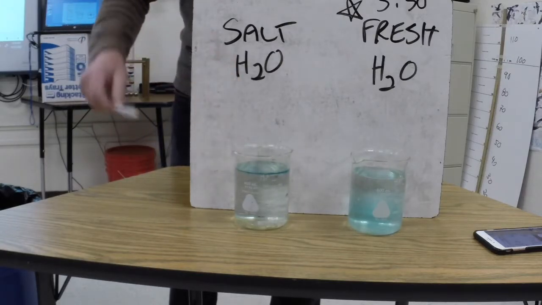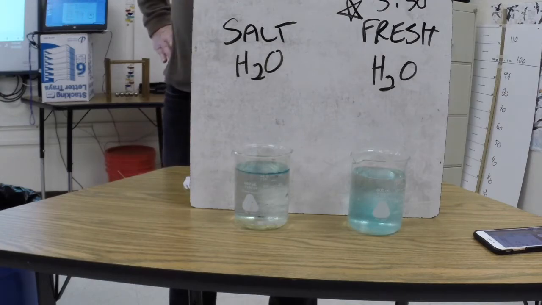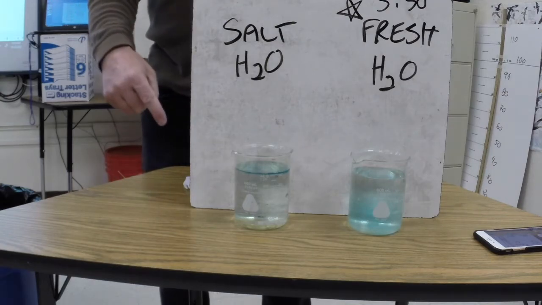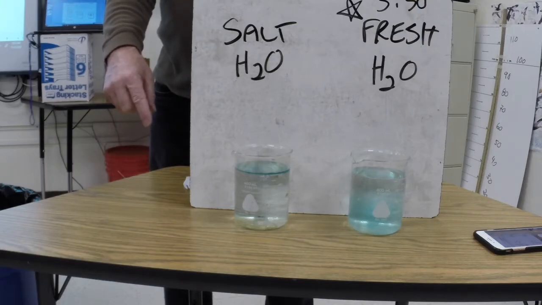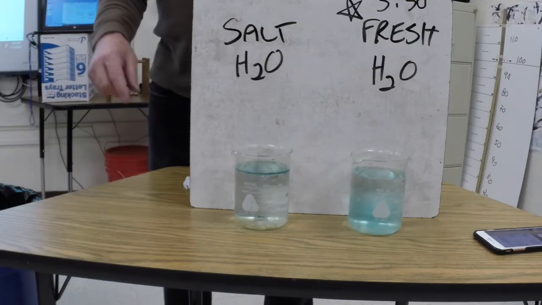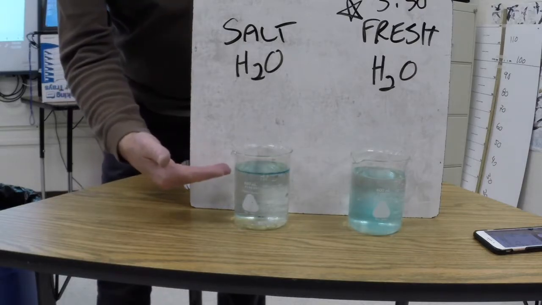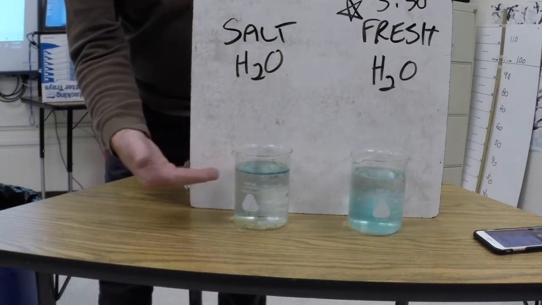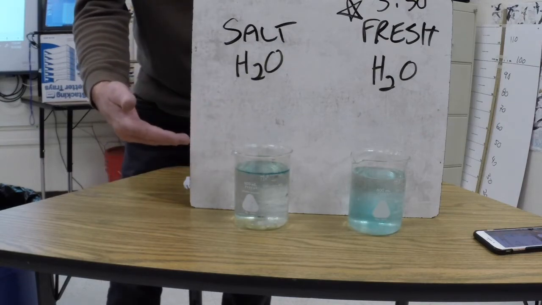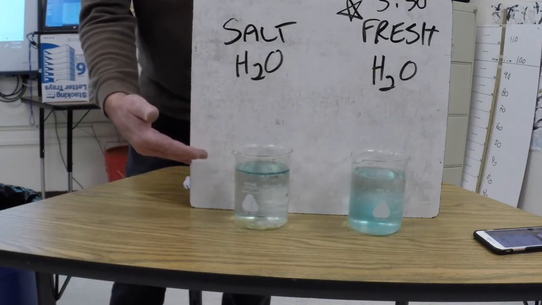Why is there a layer here? Salt water will make it dense. Do you remember we measured the density of fresh water versus salt water? And the salt water had a higher density, didn't it? So that means the salt water stays underneath the fresh water. The fresh water is like floating on top of the salt water, isn't it?